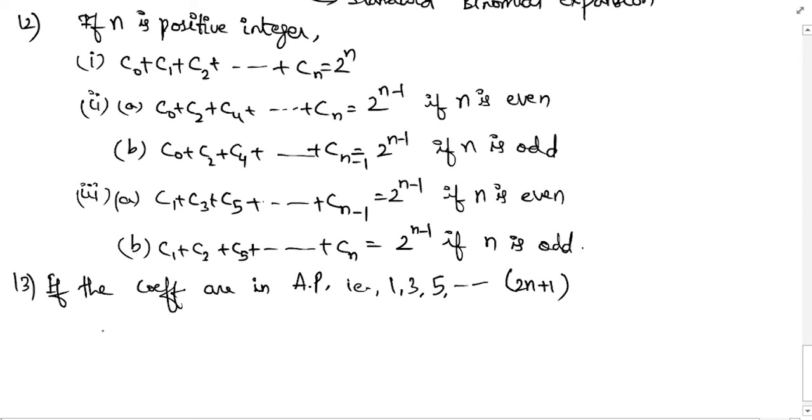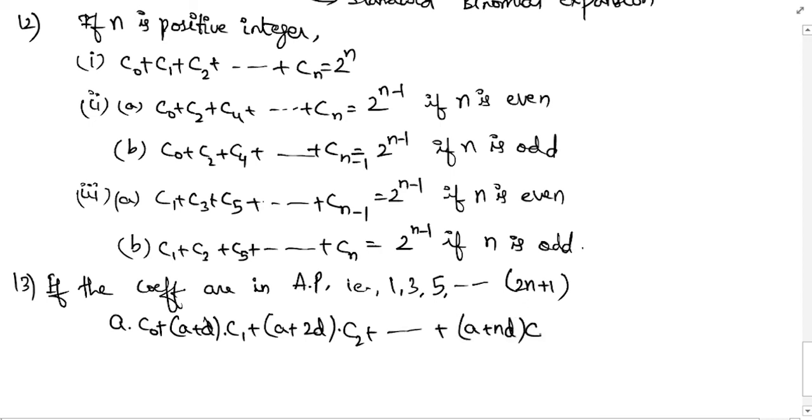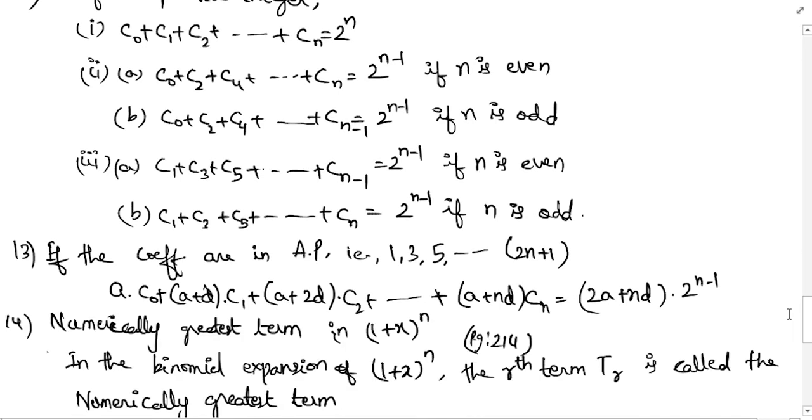That can be written as aC0 plus (a+d)C1 plus (a+2d)C2 plus so on up to (a+nd)Cn will be equal to (2a+nd) into 2 power n minus 1. So actually if you remember this statement, then it will be easy for you to solve the problem, because we have problems for this AP also.